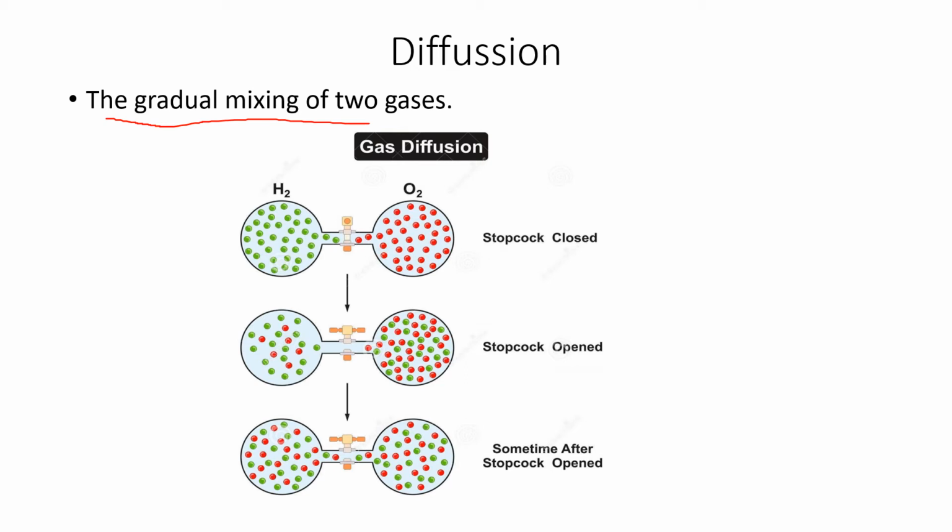So just like for effusion, we can talk about the rate that this happens. For diffusion, the faster the particles are traveling, the quicker the rate of diffusion is going to be. So how can we get the particles to travel faster? Well, if we increase the temperature, that's going to make everything travel faster. That means they're going to mix faster.